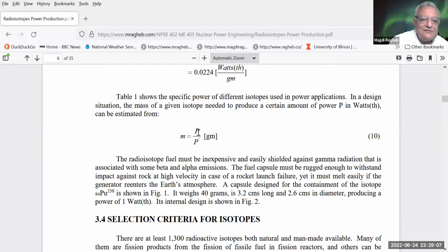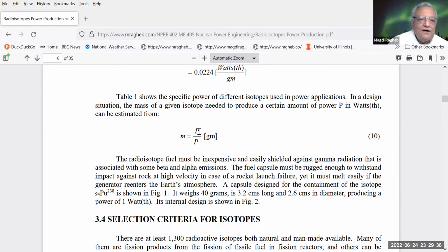Let us say that you need 100 watts of thermal power. The specific power of plutonium-238, say, is 0.5 watts per gram. You divide by 0.5, and you discover, even without any calculation, by plain logic, that you need 200 grams of plutonium-238 to produce 100 watts thermal of power.